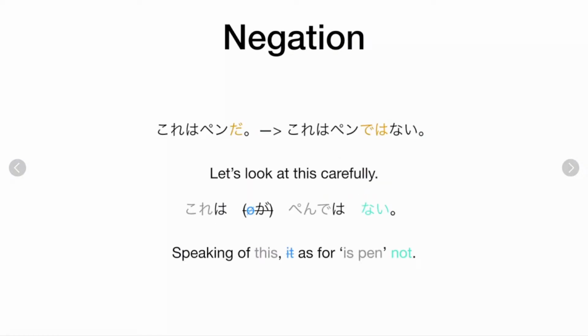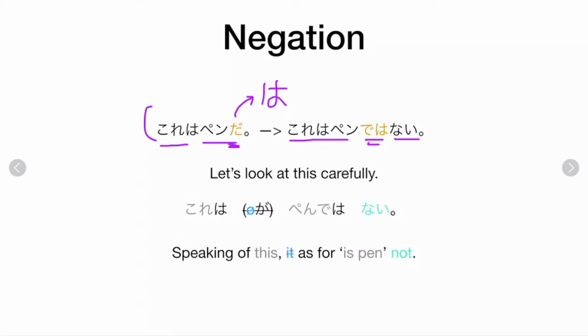If you had da in your sentence, kore wa pen da, then you have to change this da to dewa. So kore wa pen de wa nai. Okay, and what dewa is doing, it changes da into connective form and adds wa to it.